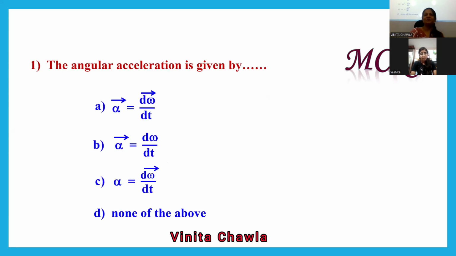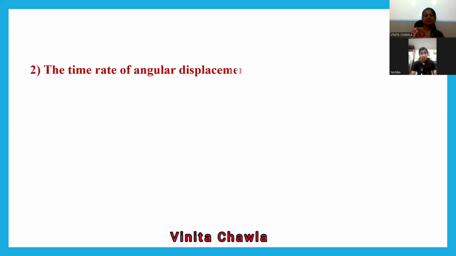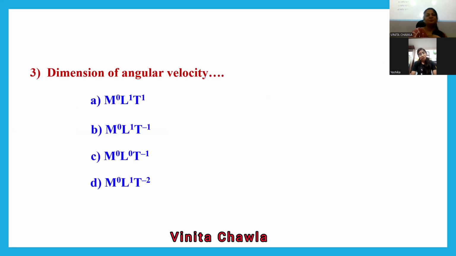A, both are vector. Okay. Next, the time rate of angular displacement is called angular velocity. Next, dimensions of angular velocity. Dimensions of angular velocity. I told you just now theta by t, theta has no dimensions, t has dimensions. T to the power minus 1, not like that, say A, B, C, D, okay.